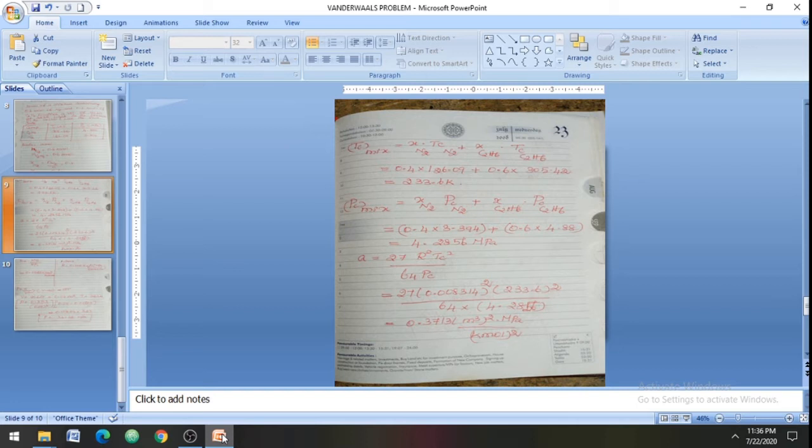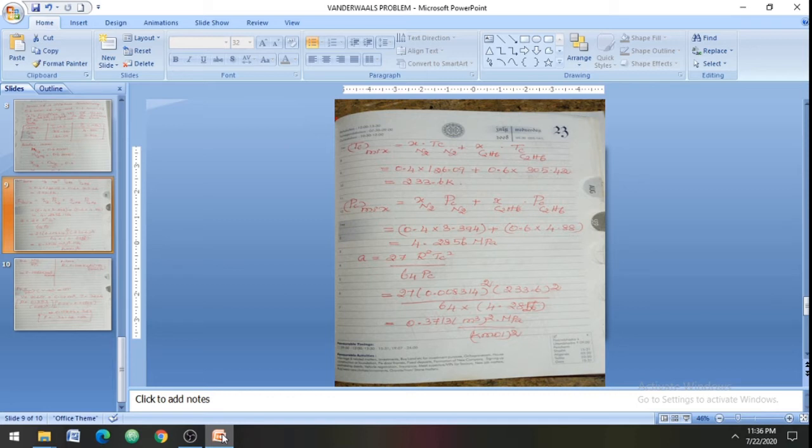So we take Tc mix is equal to x nitrogen into Tc nitrogen plus x C2H6 into Tc C2H6. x nitrogen is given, Tc nitrogen is known, x C2H6 is also known, Tc C2H6 is also known. Substitute all the values, and we find the answer, 233.6 Kelvin.